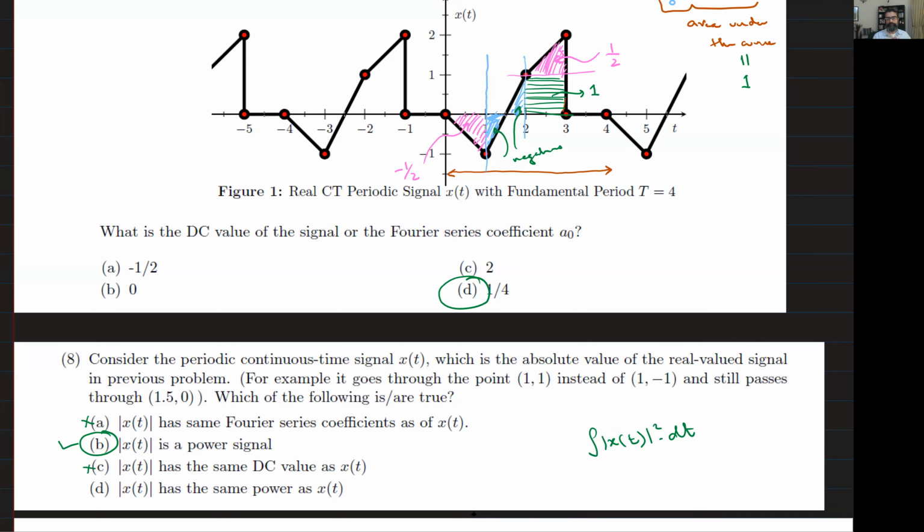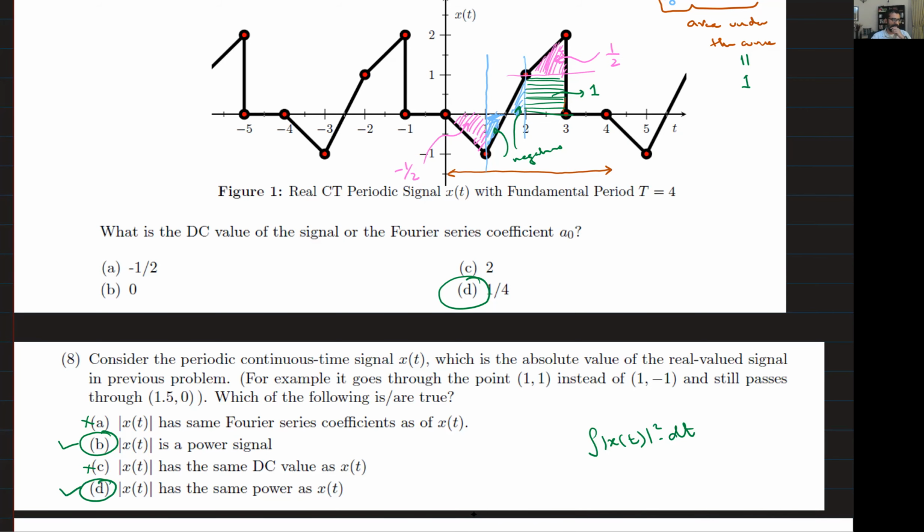When you take the absolute value and you square it, it's the same as if you take the absolute of the signal, which is another signal, and then take the absolute again and then square it. It doesn't matter, because squaring in any case makes a negative value positive, right? So whether I take the absolute first and then square, or square first and then take the absolute value, doesn't make a difference. So this is also true.